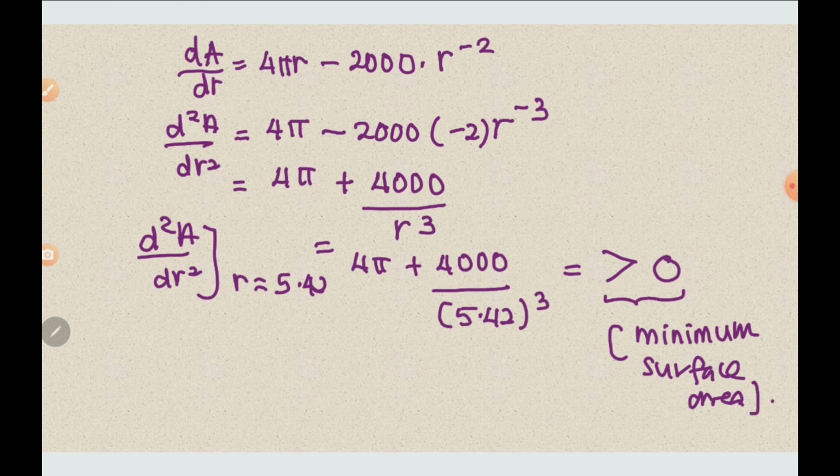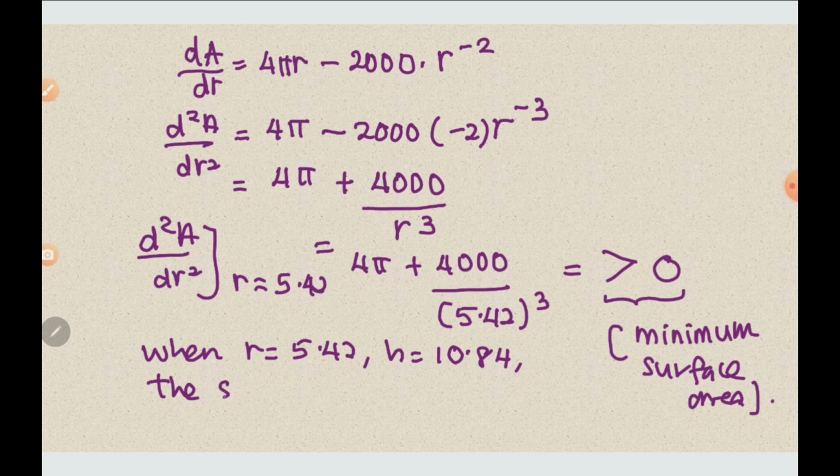So the second derivative here will support the result that you got before, that is when r equals 5.42 and h equals 10.84, then the surface area is minimum, because we managed to get d squared A/dr squared more than 0 here.